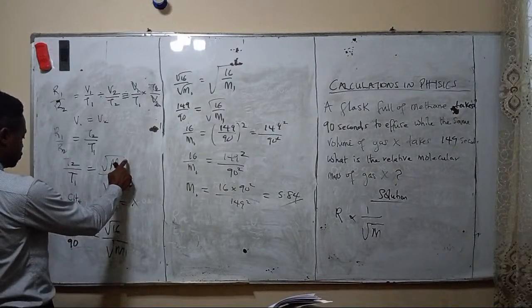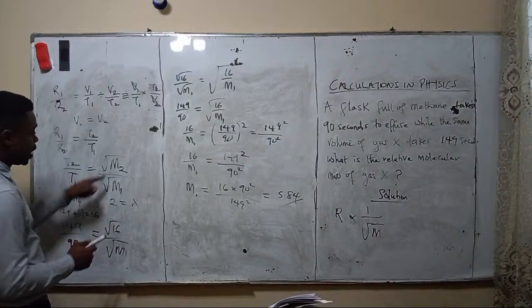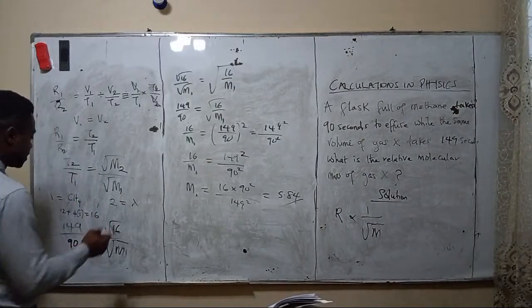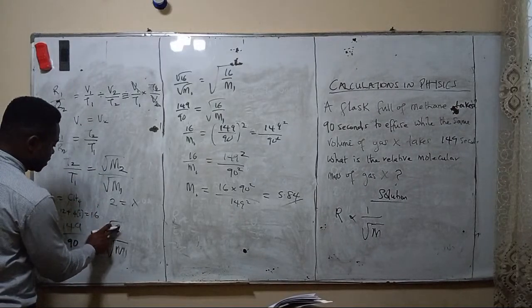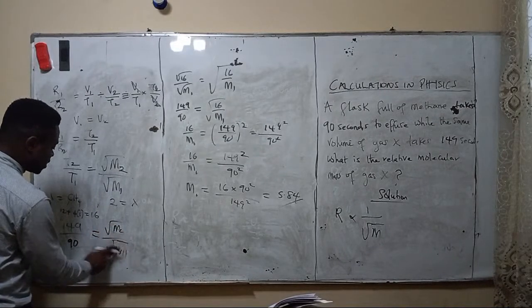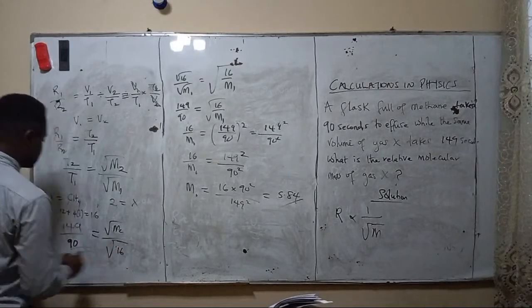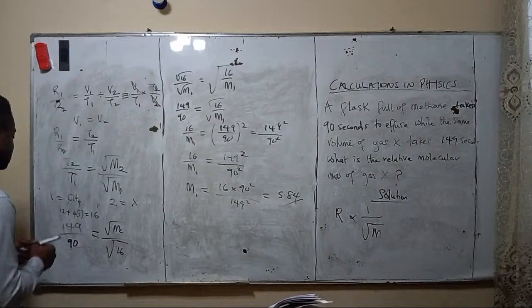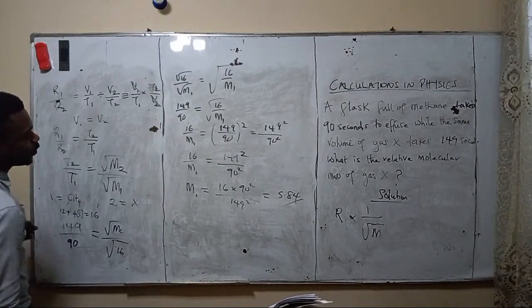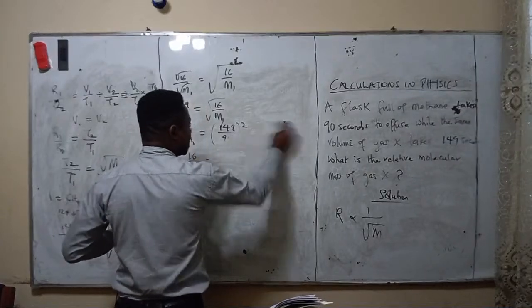This is M2, and our 2 here is gas X. So this should be X. We don't know this. This is M2. This one should be 16, because M1 is methane. Here should be 16. It cannot be 5.84. Please, there's an error here.